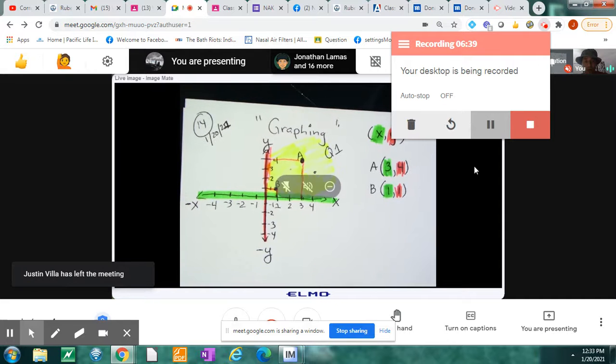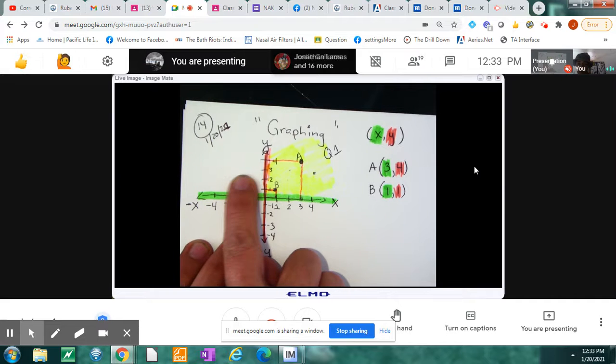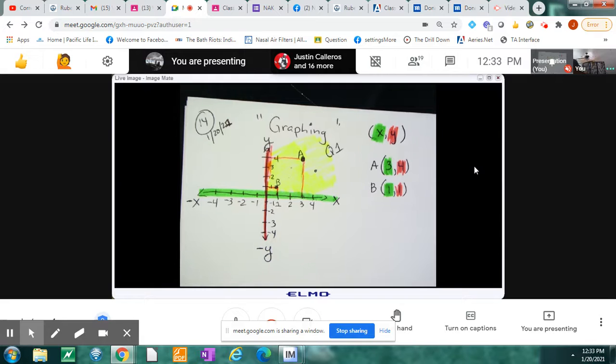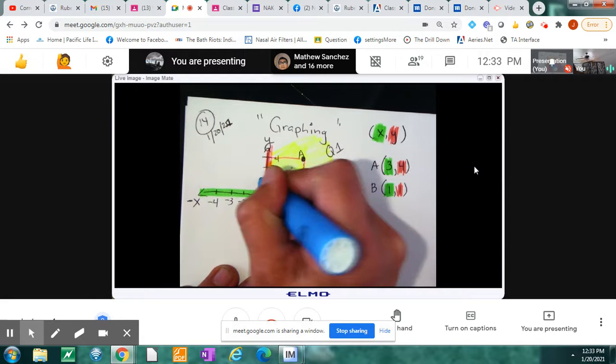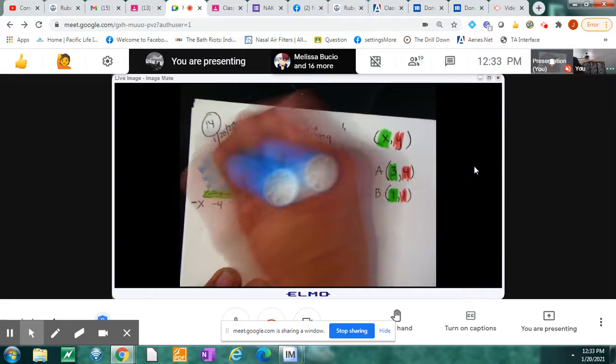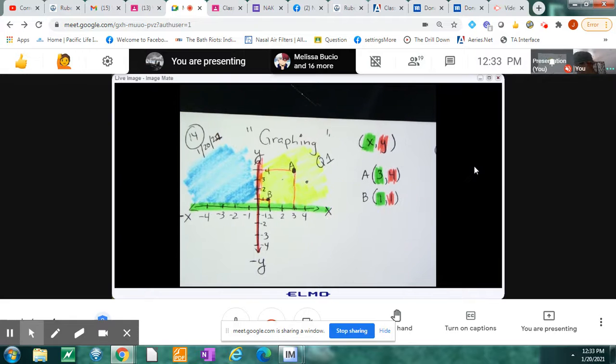So let's go ahead and do quadrant 2. Quadrant 2 is going to be on the left side right here. So I'm going to go ahead and color that blue. I'm going to ask the same question from different people. Please don't say, what are we doing? Because that means you're doing something else, please.